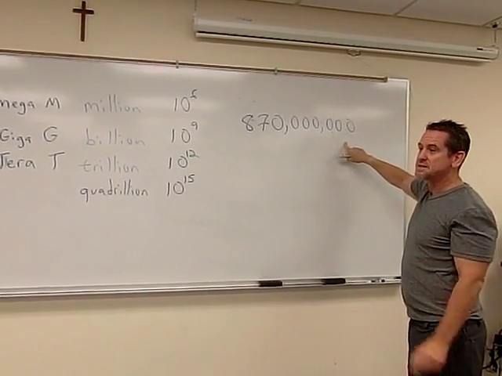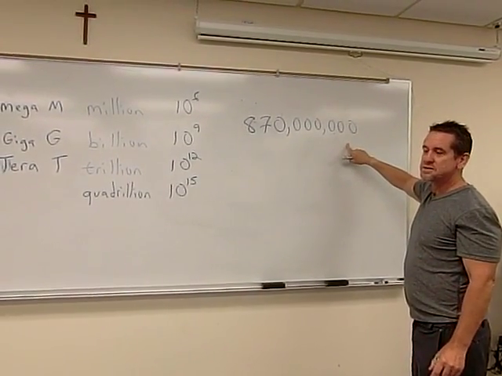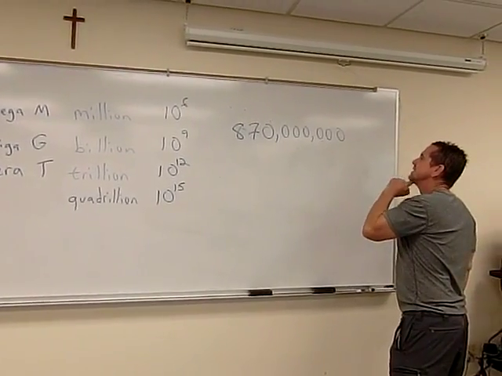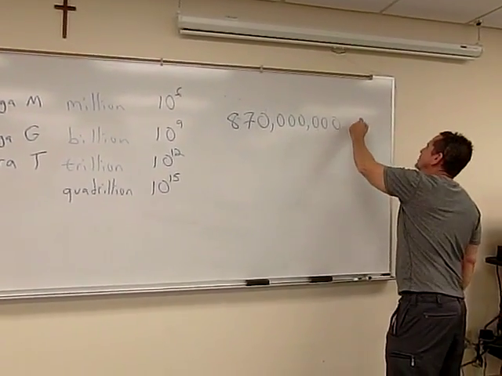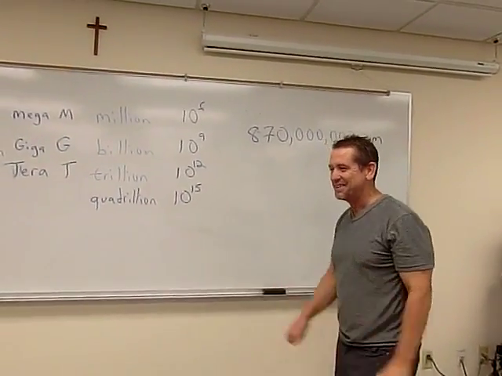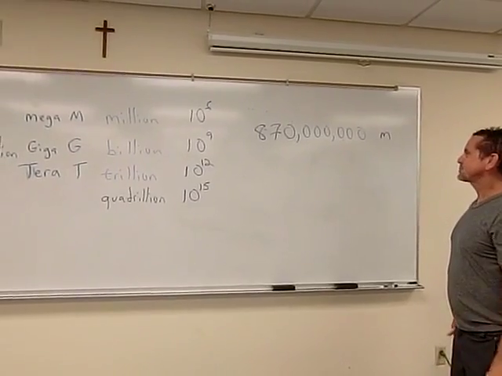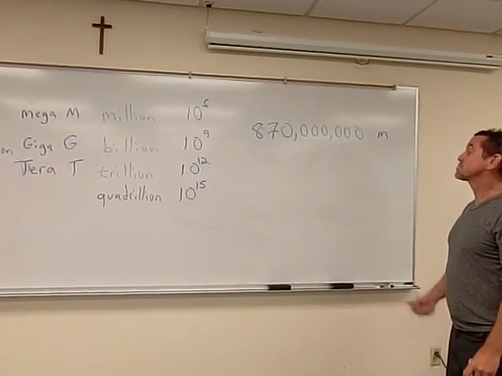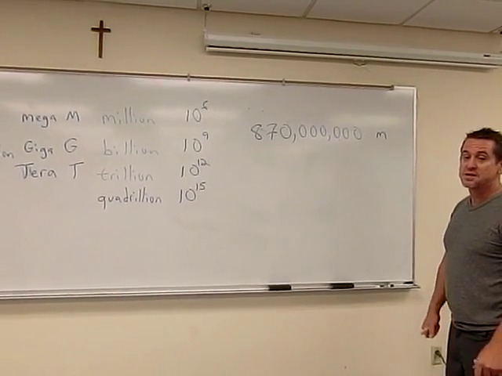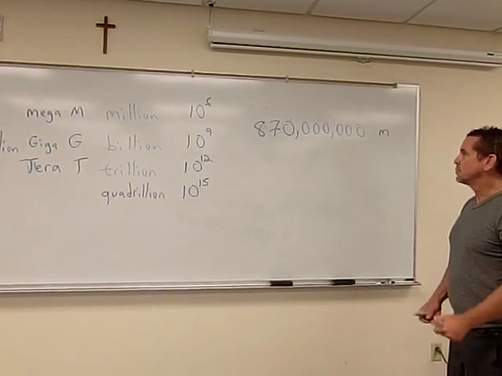So let's say it's 870 million gallons of water. Well, I'll just say meters. Which is a long way. So let's try to write that guy in scientific notation and also with the metric prefix.